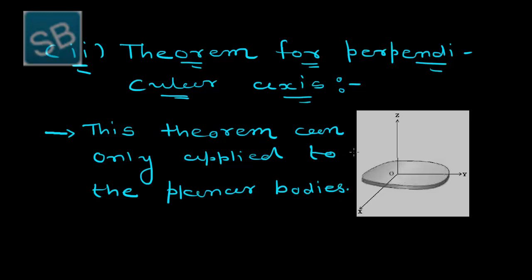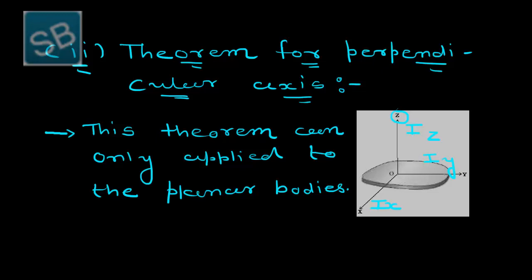And so here in the figure we have also considered a planar body. Here if we take x and y axis in the plane of a planar body, you see we have considered this x and y axis, then the moment of inertia of the body about z axis, meaning Iz, which is perpendicular to the plane of the body, is equal to the sum of the moment of inertia in x direction as well as the moment of inertia in y direction.